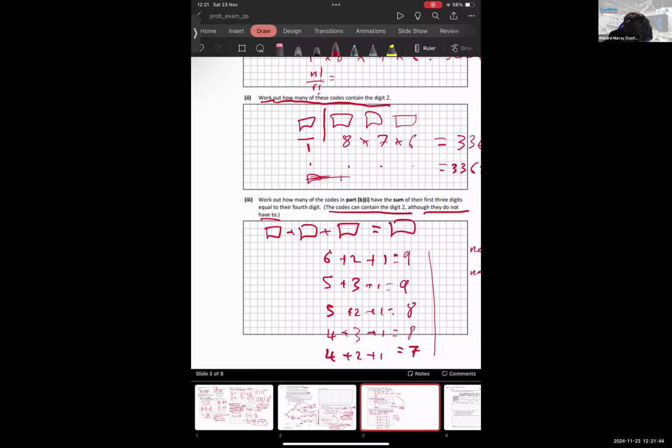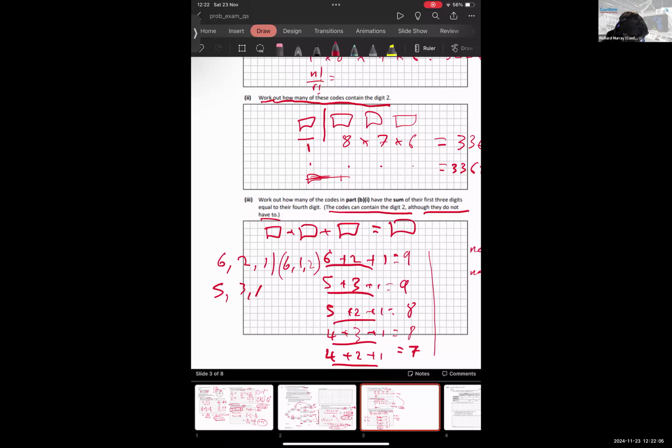So we see that a 6, a 2 and a 1; a 5, a 3 and a 1; a 5, a 2 and a 1; a 4, a 3 and a 1; and a 4, a 2 and a 1 can give us a viable set of values here. However, we don't mind if this is 6, 2, 1 or 5, 3, 1, or if this is 6, 1, 2.